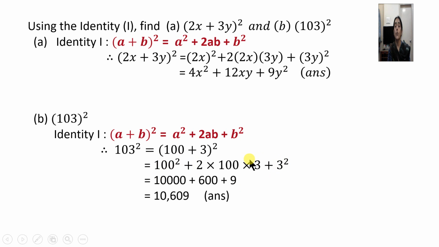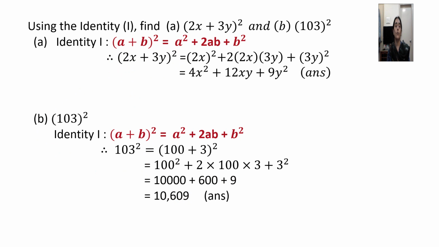Plus 2 into 3 is 6 and 6 into 100 is 600 plus 9. So answer is 10,609 when I add everything. So this is how we apply our identity in solving such mathematical expressions. Is it clear? Understood? Okay.